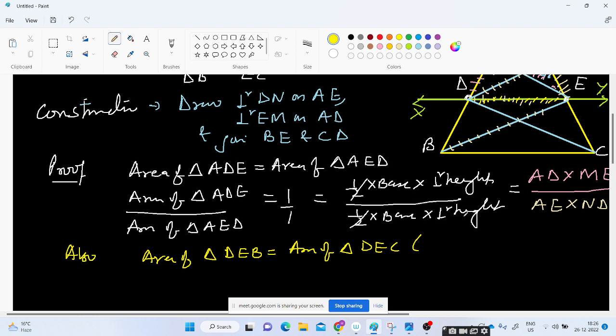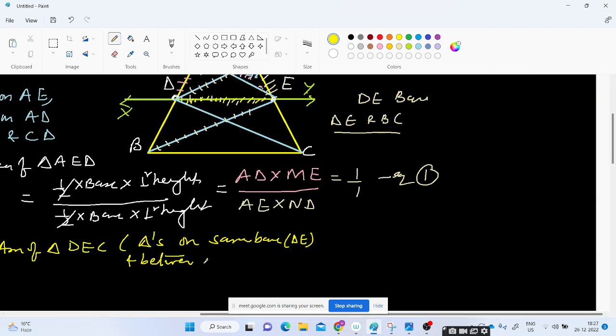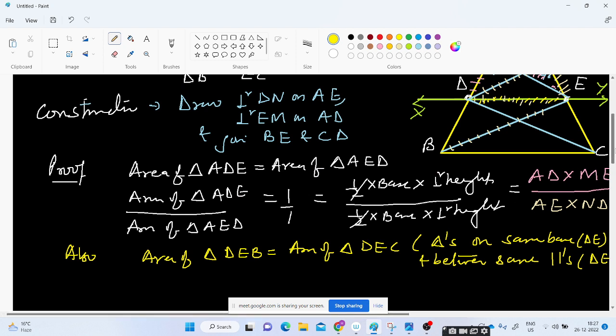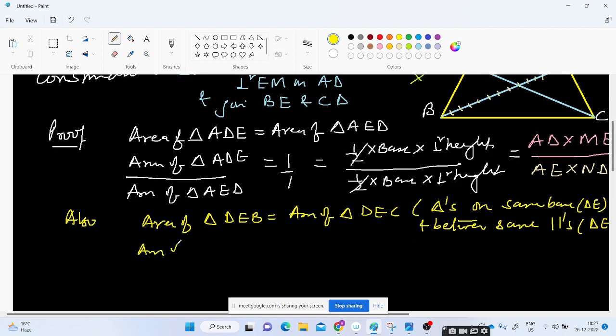The reason is triangles on the same base DE and between the same parallels. The same parallels are DE and BC. So their areas are equal, and their ratio, area of triangle DEB upon area of triangle DEC, is also 1:1.